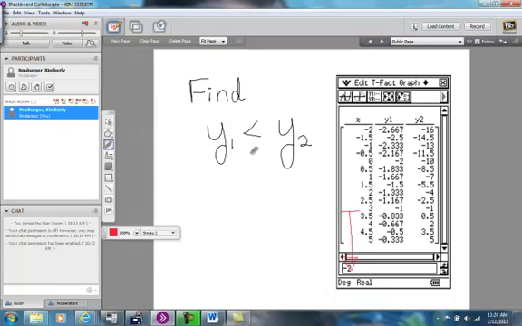But notice that this symbol here does not have a line under it. So if you use interval notation, we're actually going to use a round bracket here at 3 and continue with all the values that are larger than 3, since that's what we have as our x-coordinates here on our table as we go down the table.